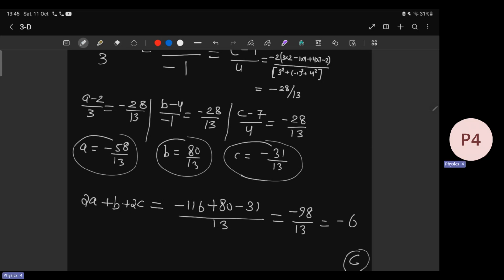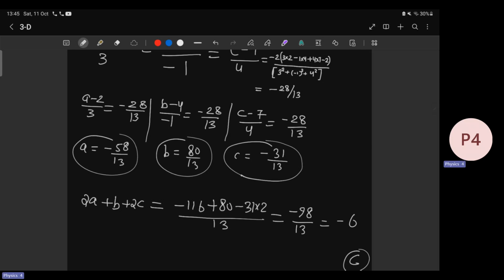All right. So 2A is -116, B is 80 upon 13, and 2C is -31 into 2, which is -62. So the sum is -98 by 13, which is equal to -6.